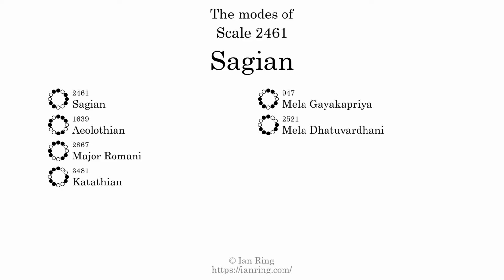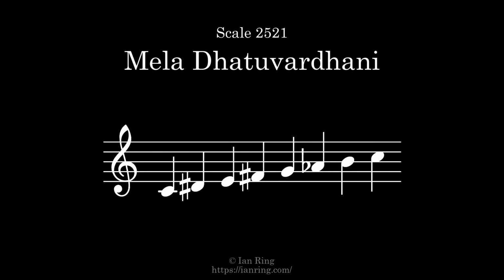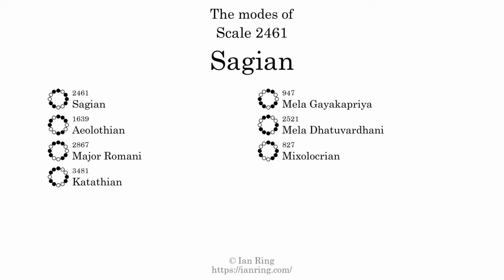The sixth mode is scale 2521, also known as Miladata. It sounds like this. The seventh and last mode is scale 827, also known as Mixolocrian. It sounds like this.